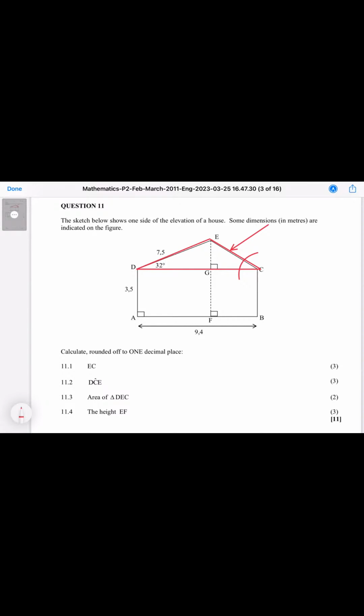So it seems like one can use the sine rule because you're going to say the angle over its opposite side. And again, you equate it to the angle over its known opposite side. In that way, you will be able to calculate that angle in triangle DCE. I think it makes sense.